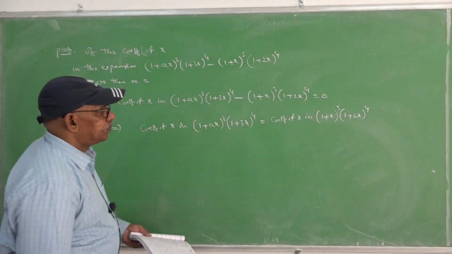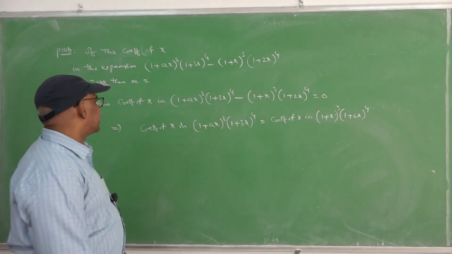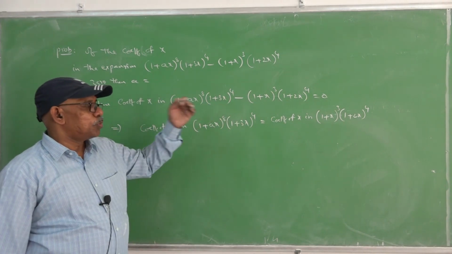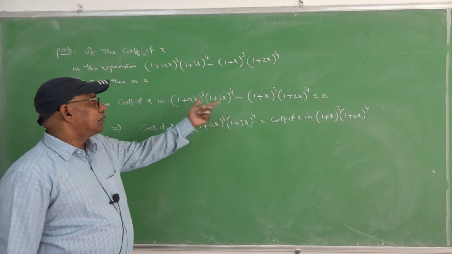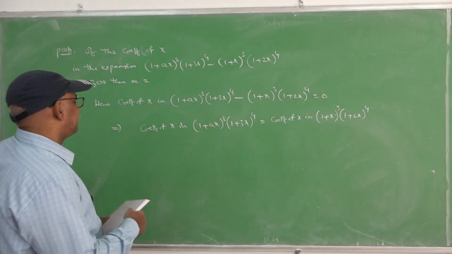That is clear because the difference of the coefficients of x in the two products is 0, so the coefficients must be equal.